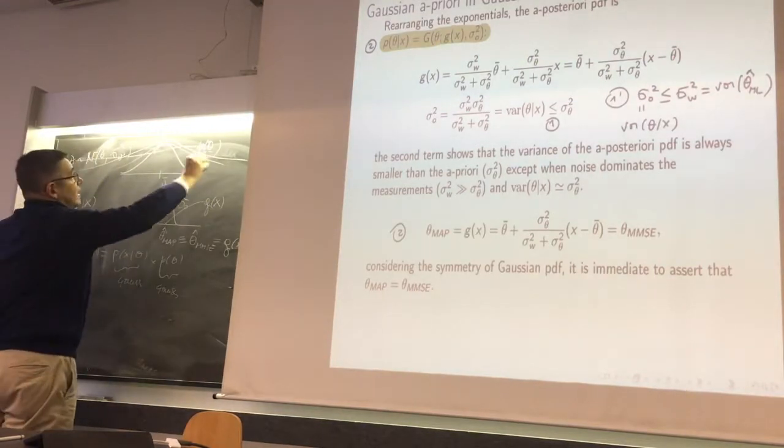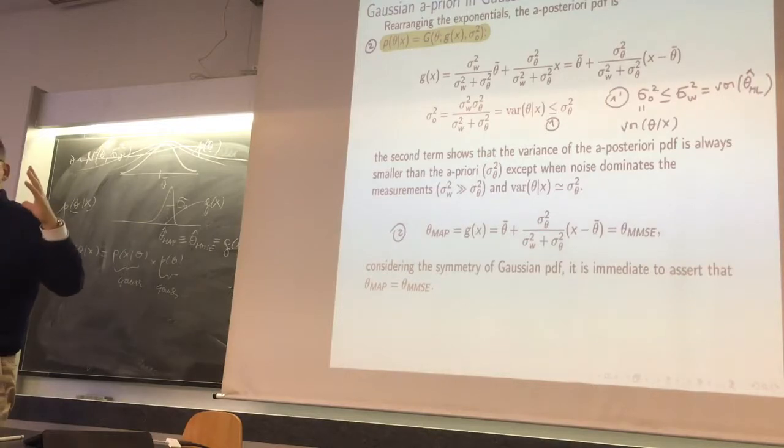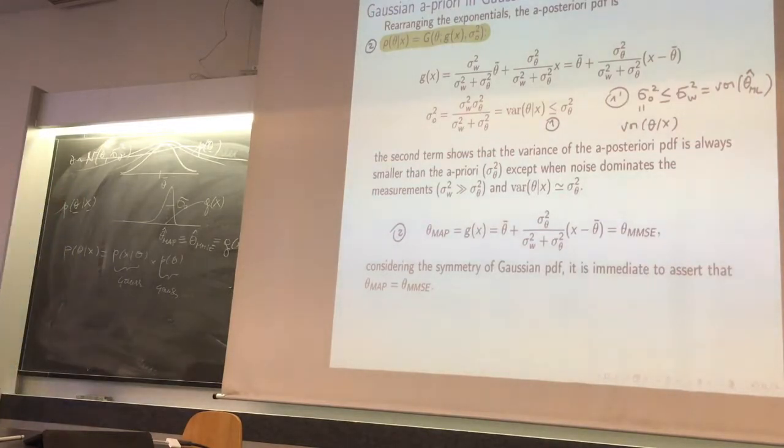If sigma theta is getting bigger and bigger, what's happened is that this distribution means that theta can be everywhere. So if sigma theta is going to infinity, the a priori becomes non-informative because it doesn't tell anything about the parameter theta.